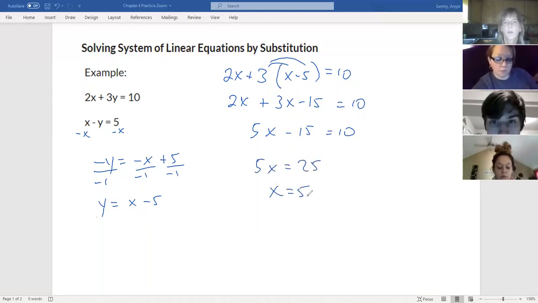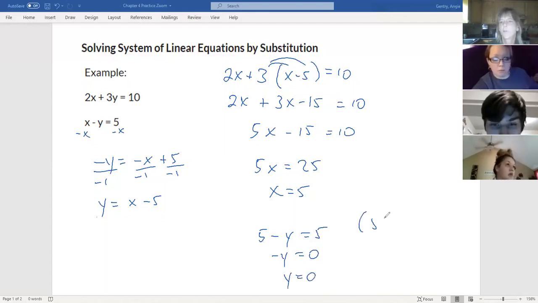And x is 5. And then when x is 5, you plug it in. And you subtract 5, so you get negative y is 0, so y is 0. So do you see how it doesn't matter which one you isolate, you're still going to get the same answer.